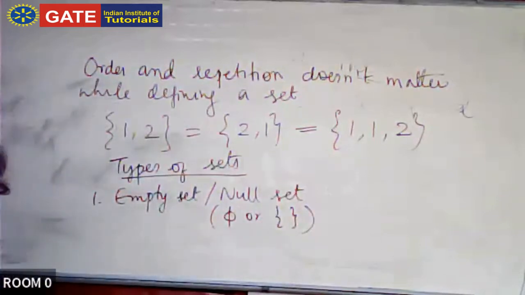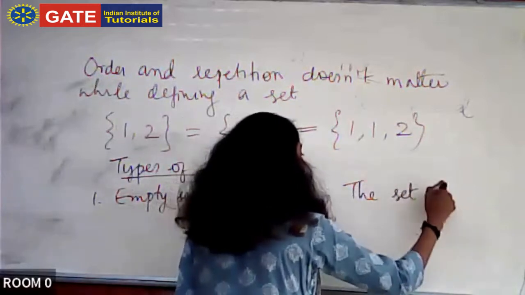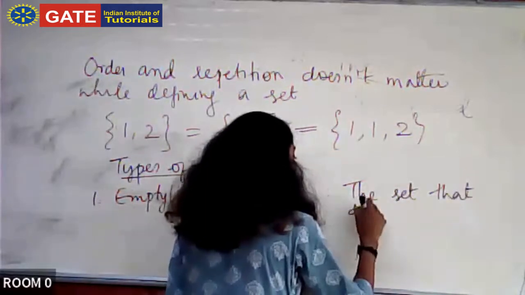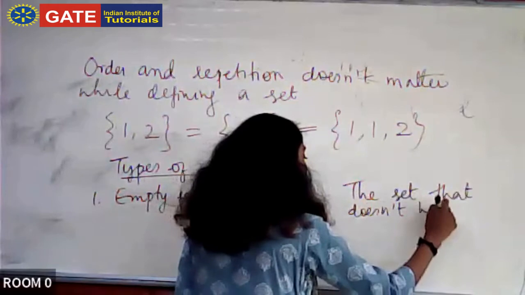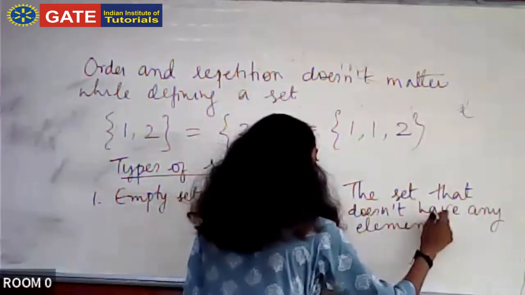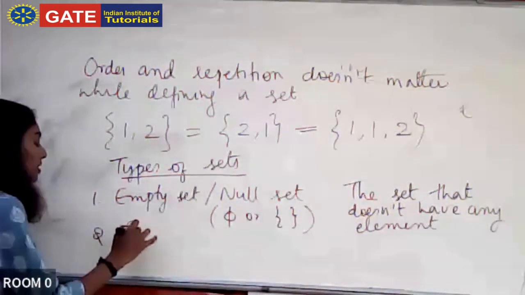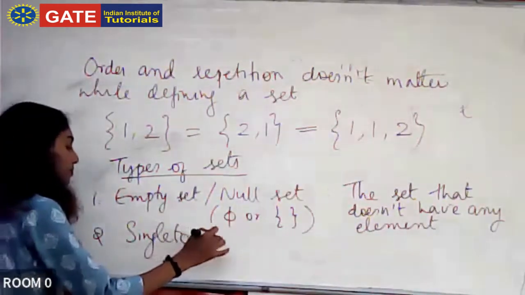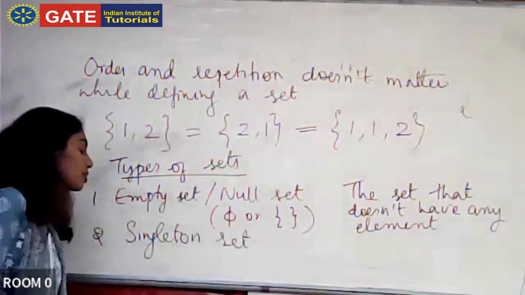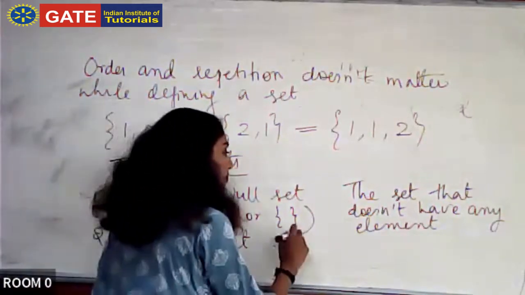The set does not have any element. Then second is the singleton set. Singleton set means the set has a single element. Only one element will be present.